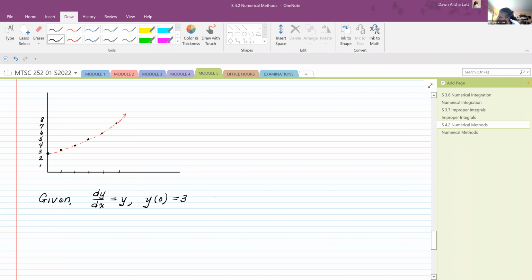So the exact solution is y of x is 3e to the x.